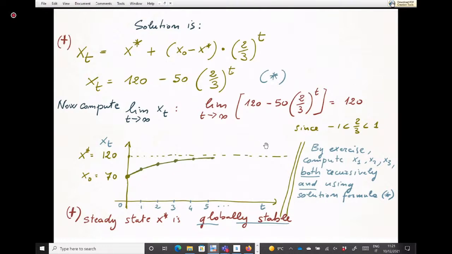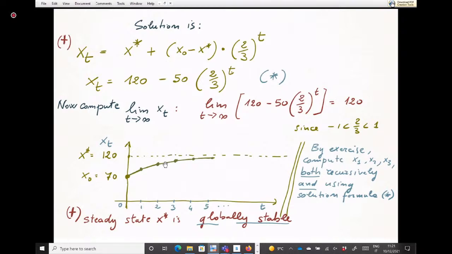And sometimes I also ask to provide a qualitative graphical representation of the solution. Qualitative for me means, of course, you don't need to put the right coordinates of the points of the sequence. You can also connect the points of the sequence with line segments.